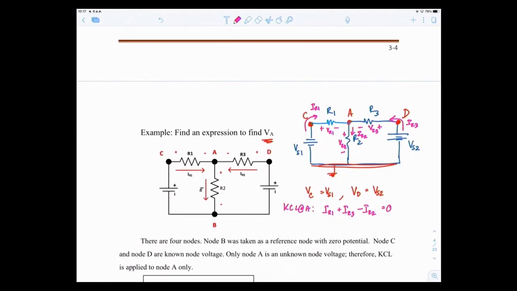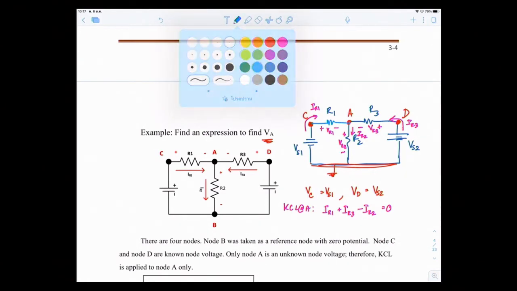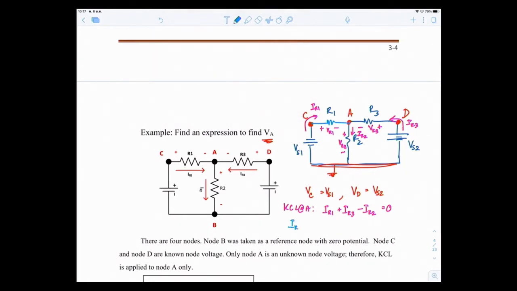Let's look at IR1. IR1 is given by Ohm's law: I equals V over R, so IR1 equals VR1 over R1, the voltage drop across R1 divided by R1.